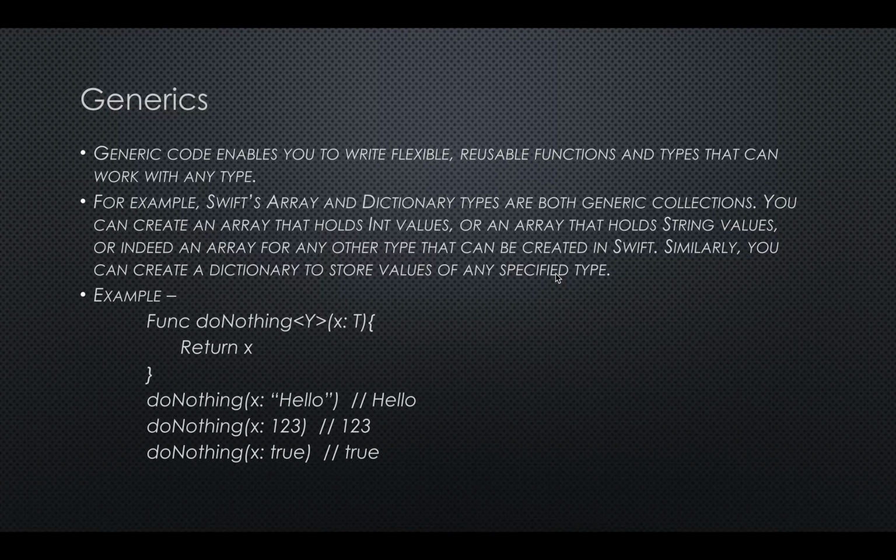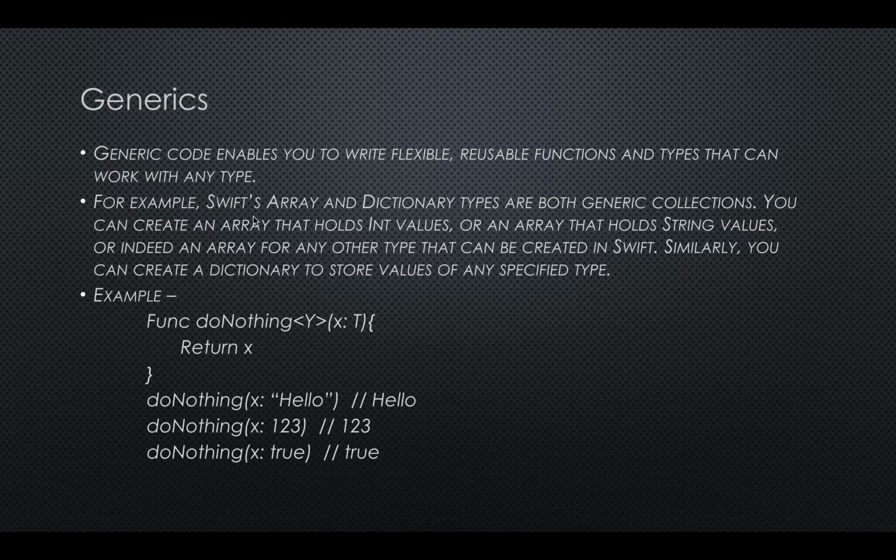So making it generic means making your function generic for the different kinds of data types, right? For example, Swift's array and dictionary are both generic. So you can make dictionaries with string or integer. These are already generic. So if you're using arrays or dictionaries, you're already using generics.